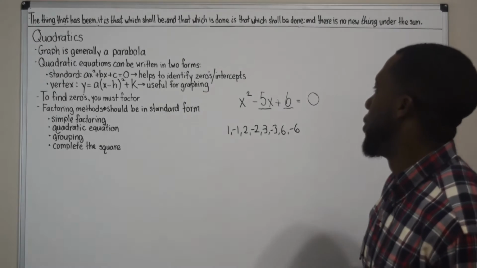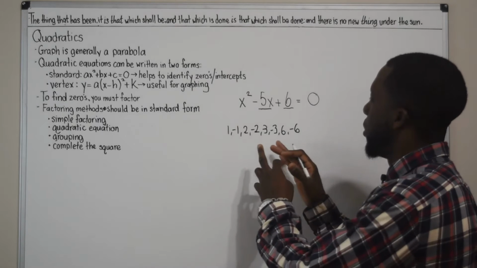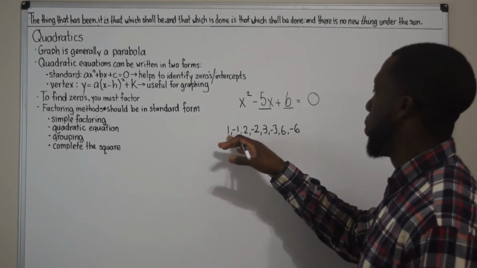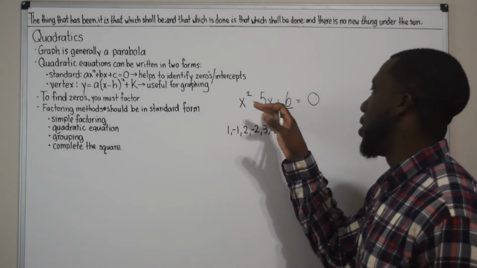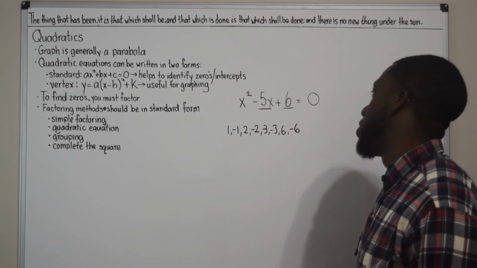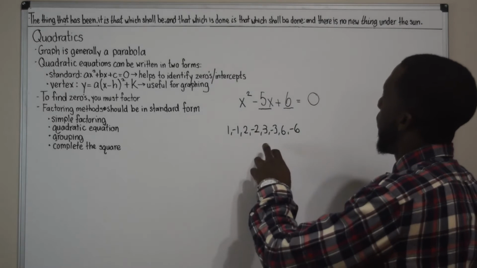So we need to combine two of these factors so that we can multiply them together to get +6, and add them together to get -5.